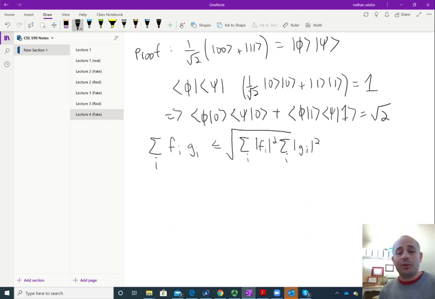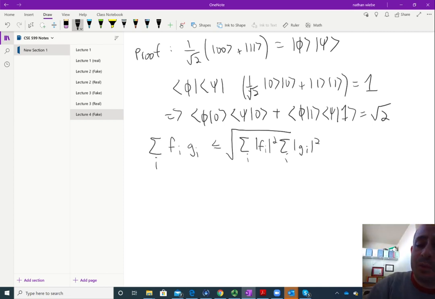So if you've got a correlated product that you're trying to sum together, you can upper bound that sum in terms of the squares of the uncorrelated sequences. In this case, you'll note that this is exactly of that form.